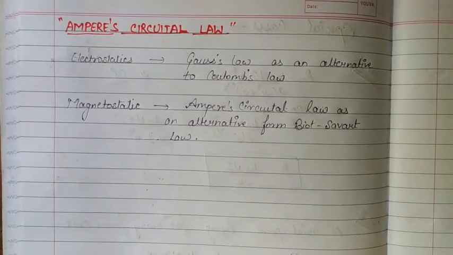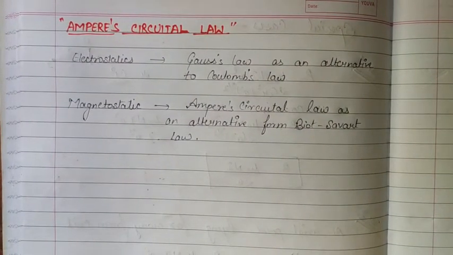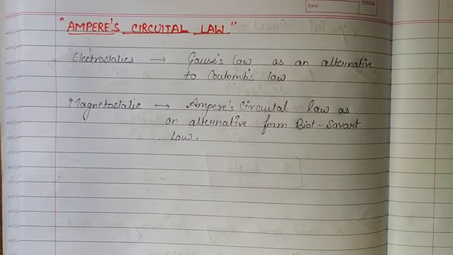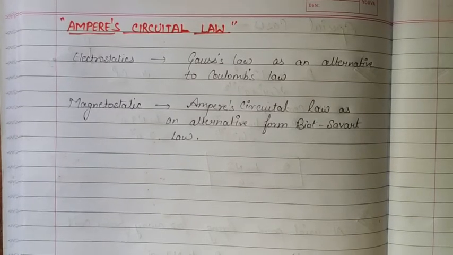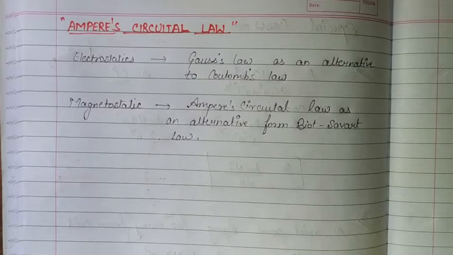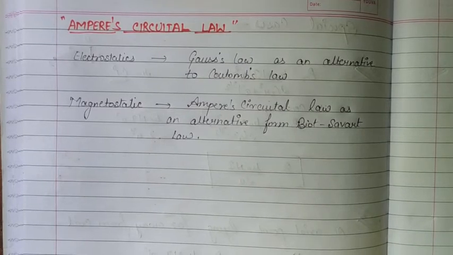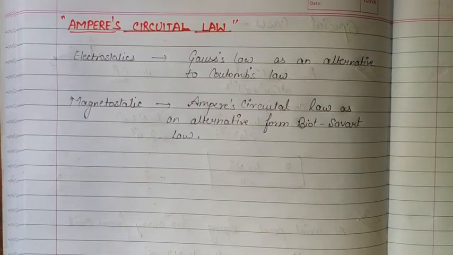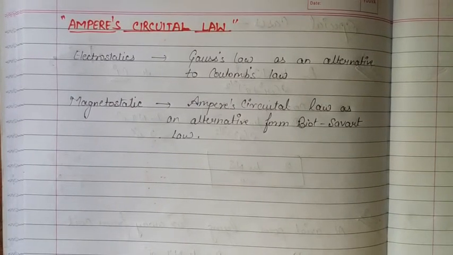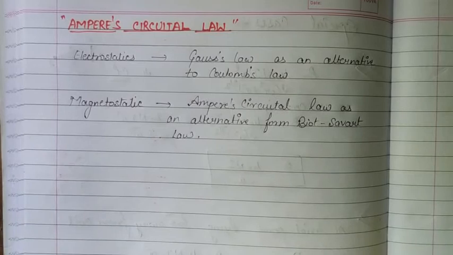So the reason for the magnetic field around any conductor is the flow of current, and this Ampere Circuital law gives the relationship between that current and the line integral of the magnetic field capital B that is set up because of that current only. Alright, so let's see the statement of this law.